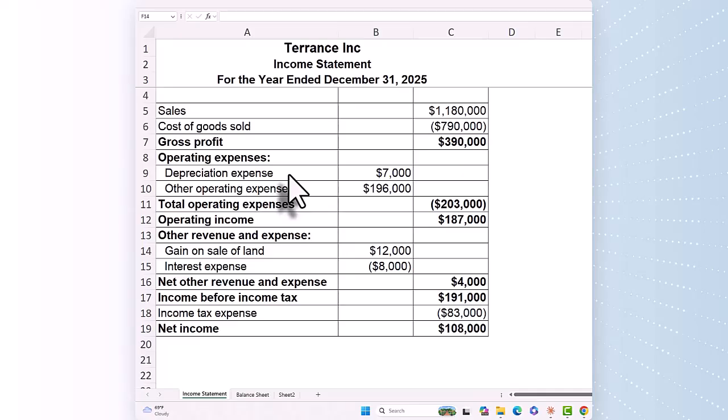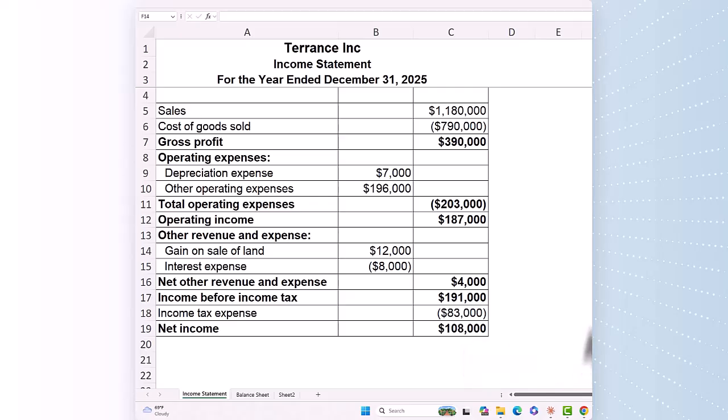Why are they calling out depreciation? Because depreciation is not a cash expense. So it is part of our net income. It's been subtracted from our revenue. So when we go to do our statement of cash flows, we're going to have to add that expense back to our net income so that we are pointing out that this was not a cash expense.